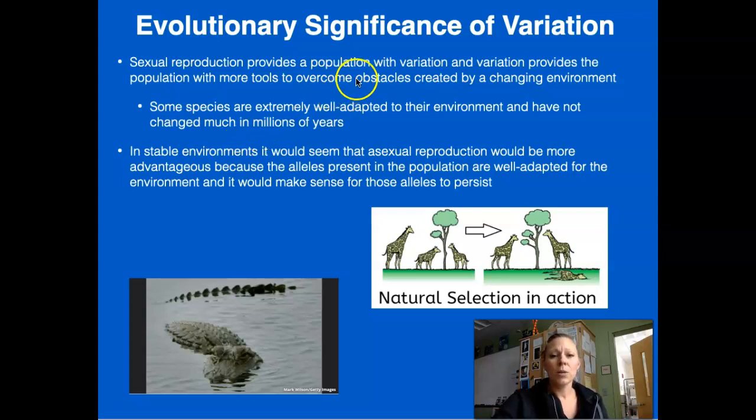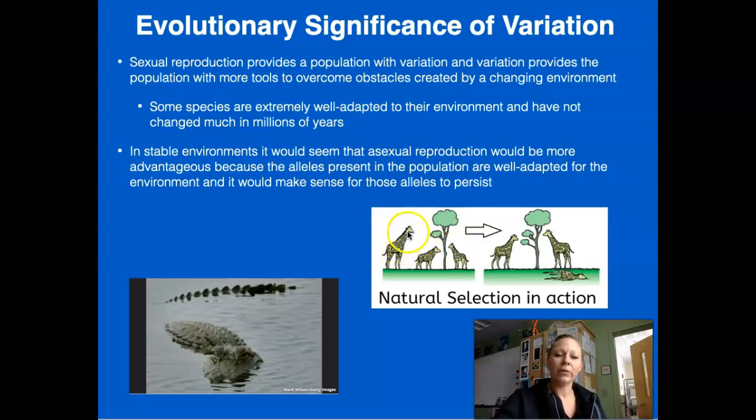And so within a population, if you have more organisms that are different, you're going to be given more tools to overcome obstacles created by a changing environment. If we look at this picture, we have 3 different types of giraffes: one with a very short neck, one with a medium-sized neck, and one with a very long neck.